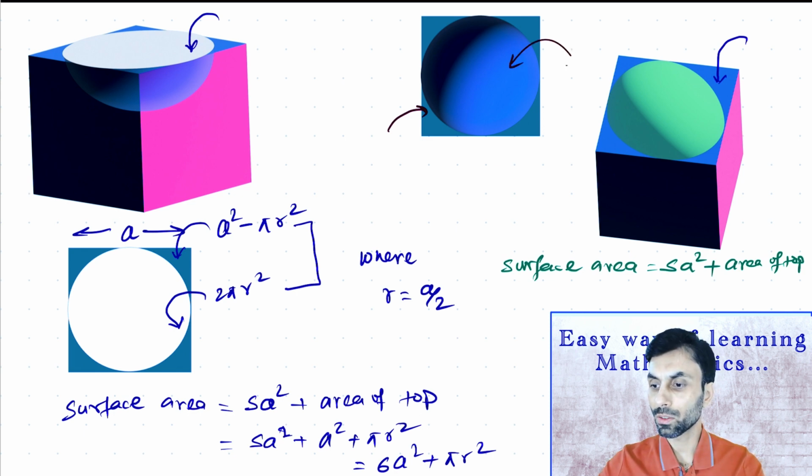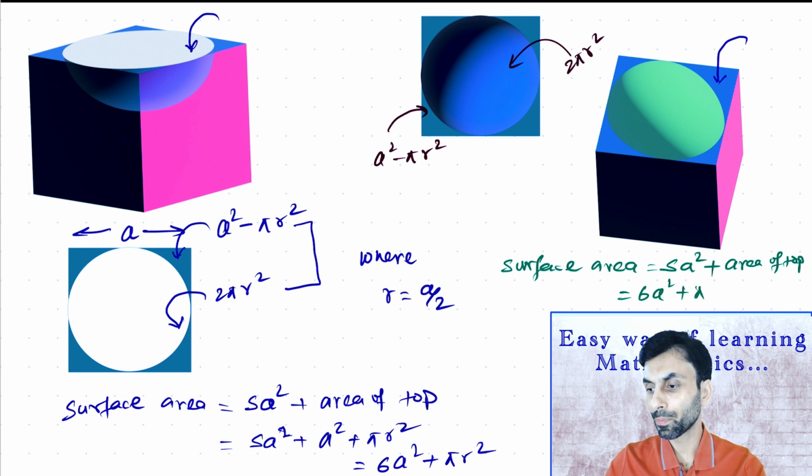The area of this surface will be 2 pi r square and the area of all the corners will be a square minus pi r square. Overall, the area of the top will again be a square plus pi r square. So the surface area in this case also will be 6a square plus pi r square, where the radius is again half of the edge length.